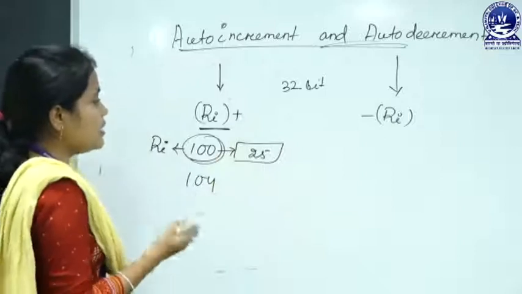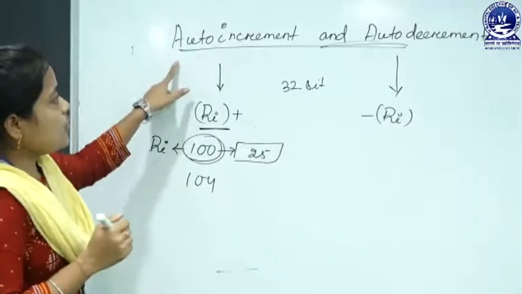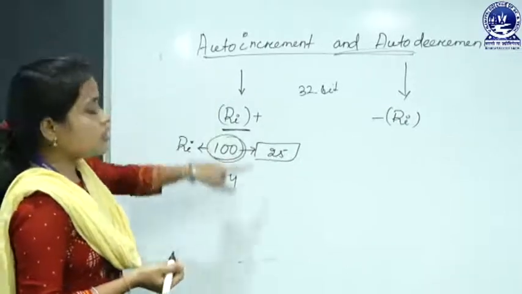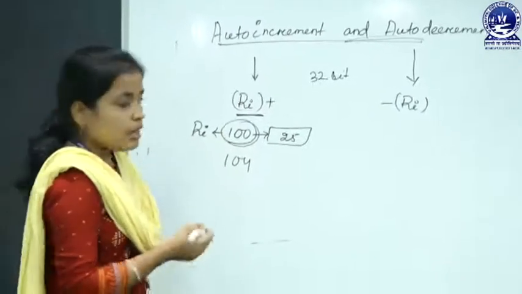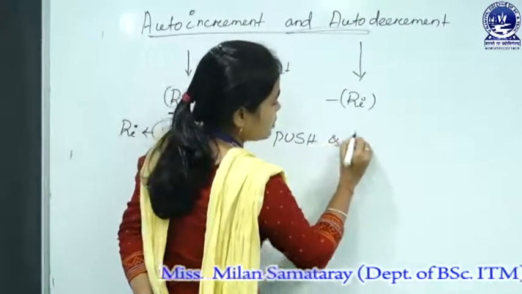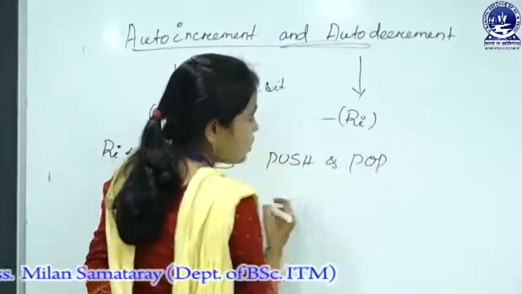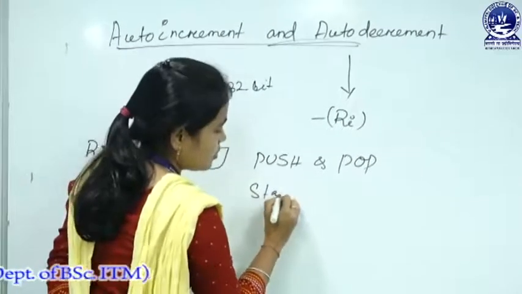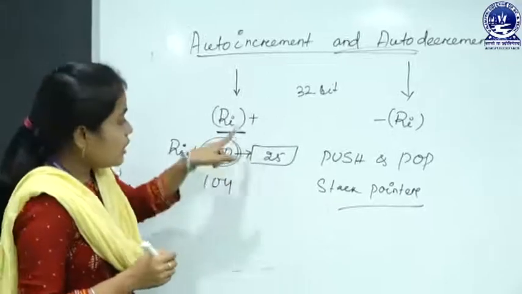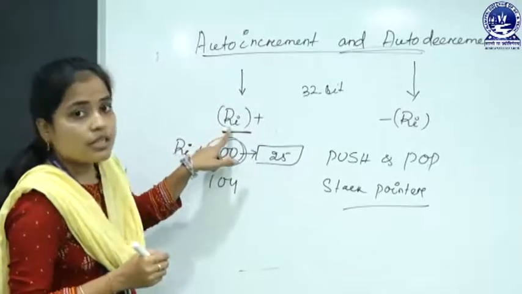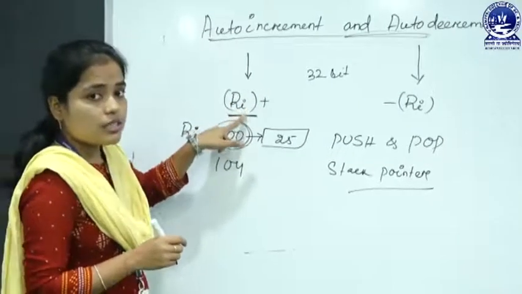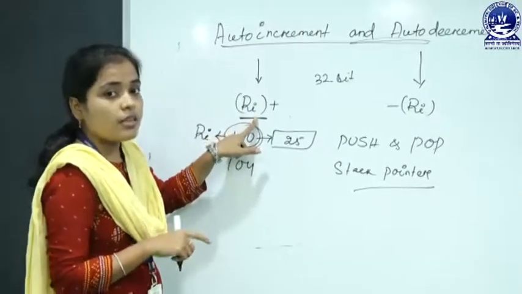Why is it like this? Because the auto increment and auto decrement addressing modes are basically used in the stack operation, when we are doing push and pop operations on the stack pointer. Here I am using the concept of stack pointer in the place of the register, because in this notation this register Ri also acts as a pointer.